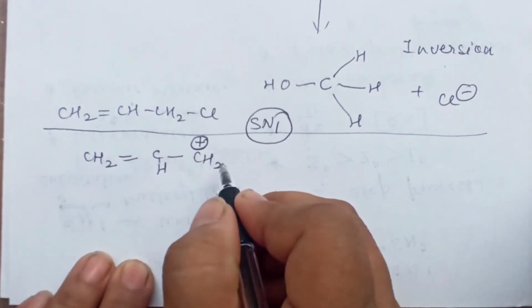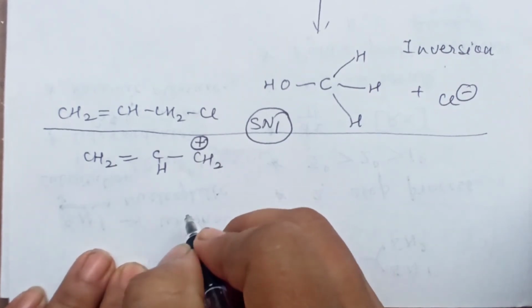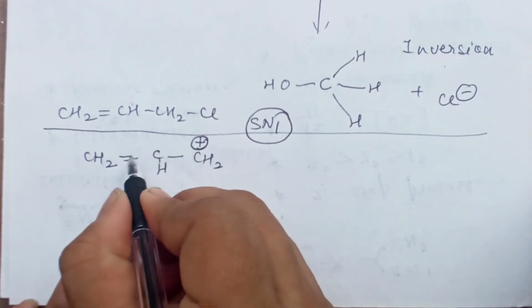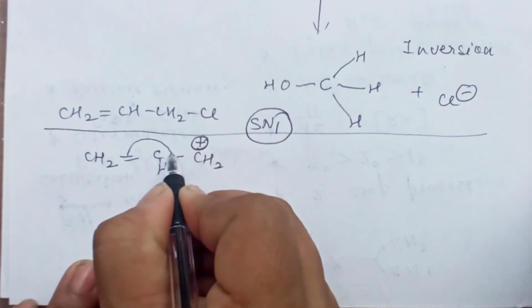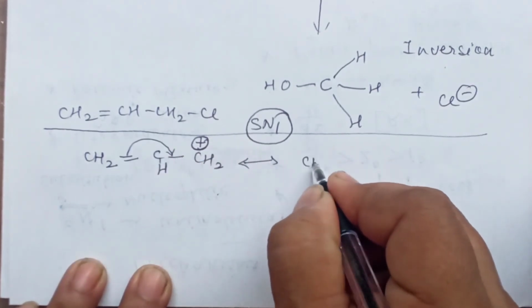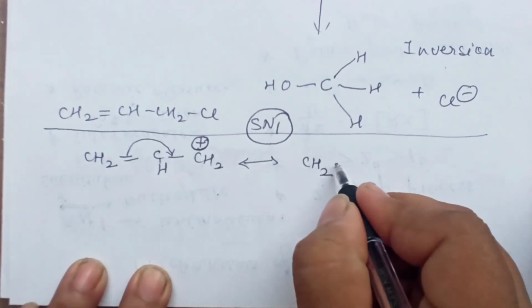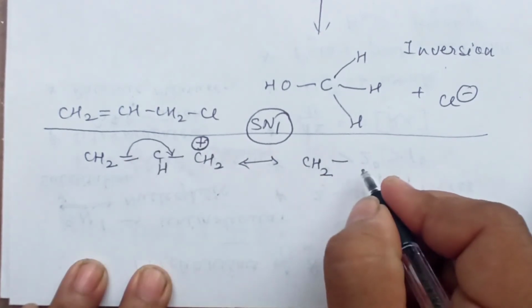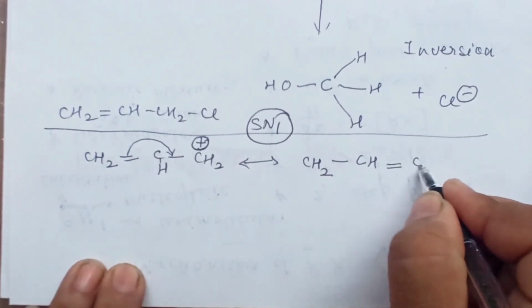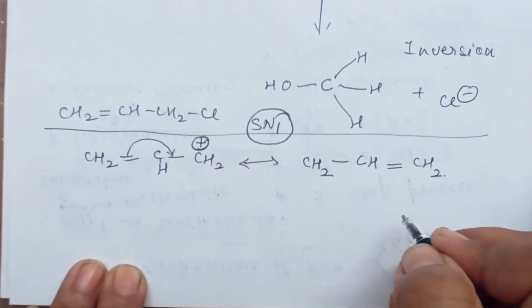The allyl ion which it is forming is also resonance stabilized because there is a carbon with positive charge here. This will try to pull the electrons from this side. When this tries to come here, you will get another structure where this will now be a single bond because that bond has gone to the other side. It is CH. Now this has come here, means it will be a double bond, and you will get this CH2 here.